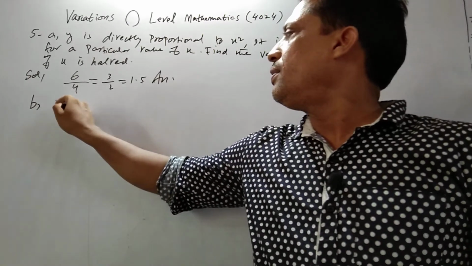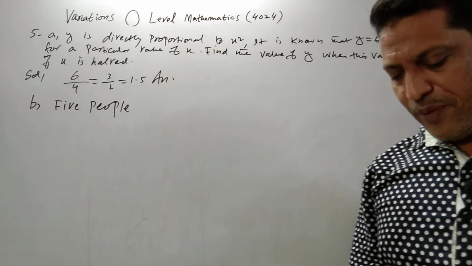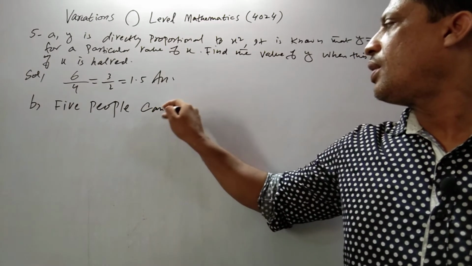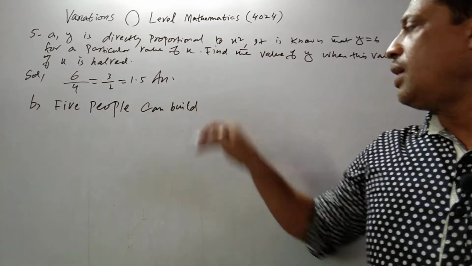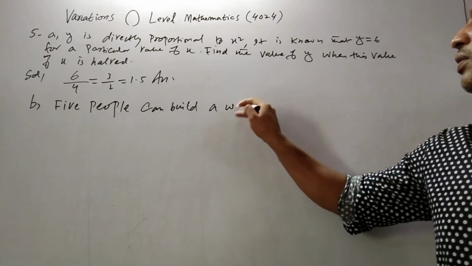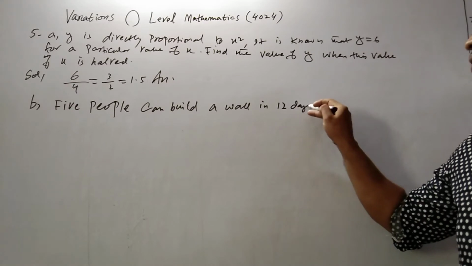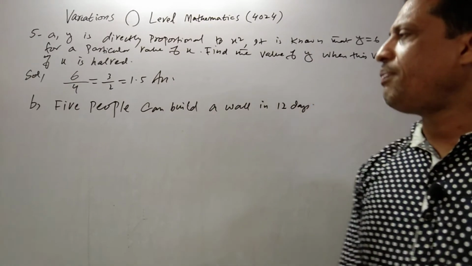B. 5 people can build a wall in 12 days. Part 1.